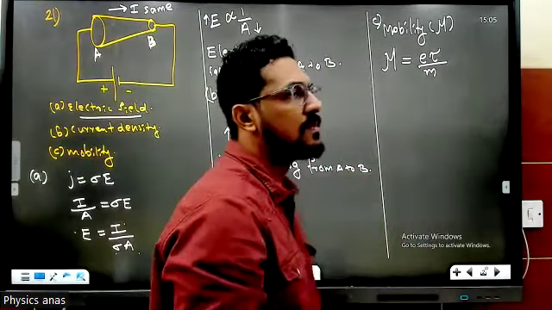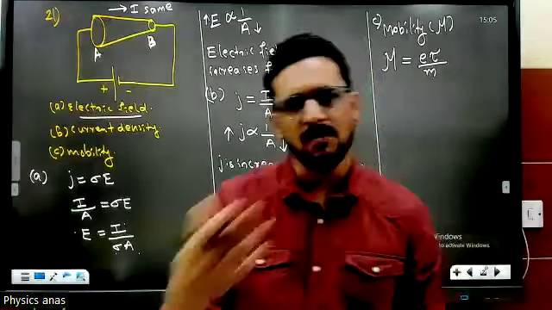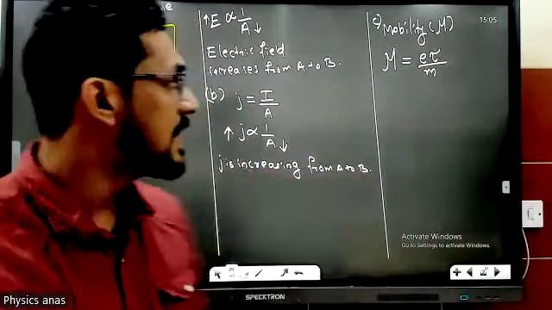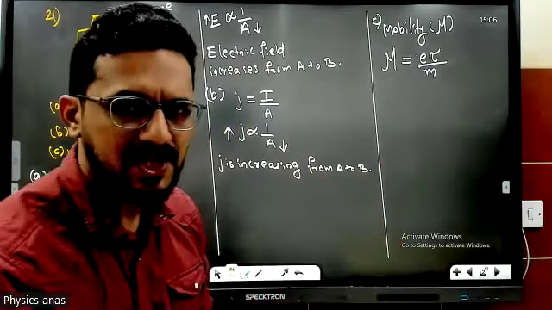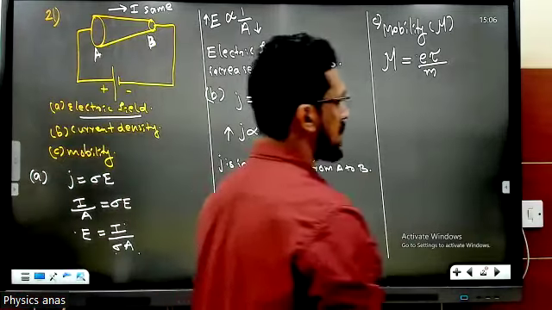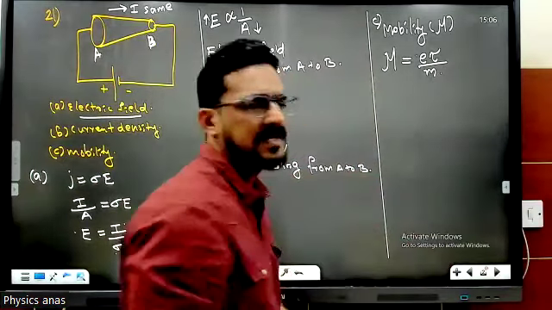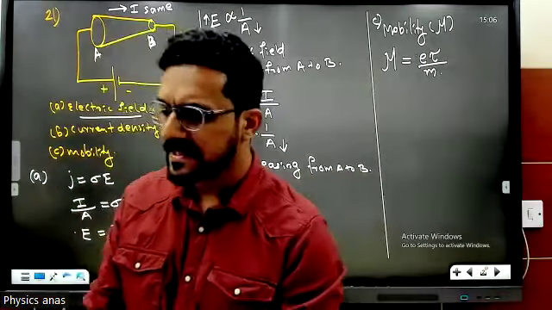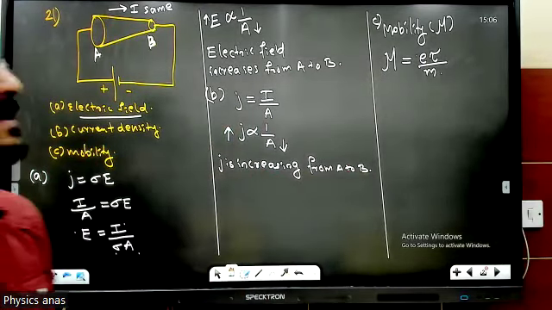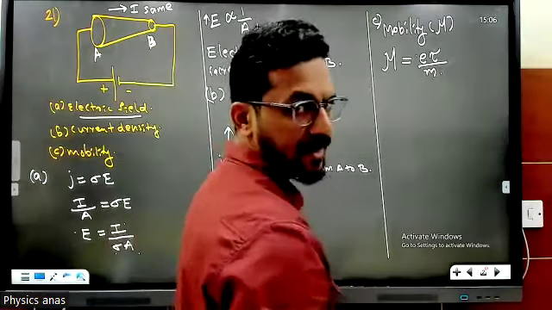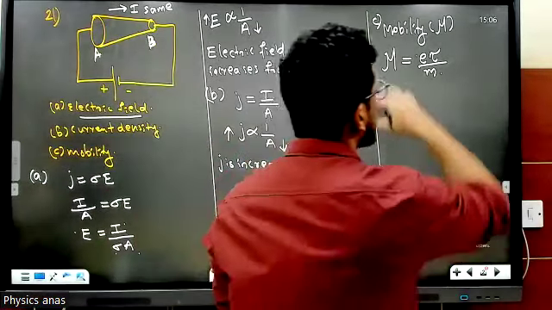Is there any term that is connecting area with the mobility? No. e is a constant, the charge of the electron. Tau is the relaxation time, and m is the mass, so this is a constant.